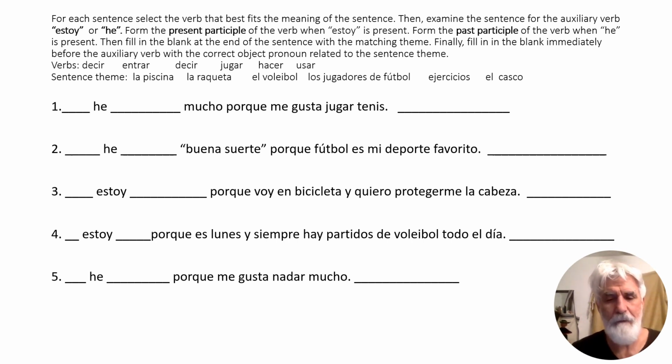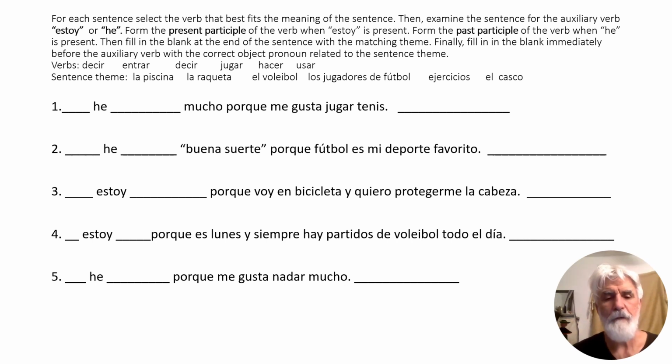Okay, so this is right out of your grammar lesson, and what they will do is give you numerous sentences, and you need to fill in the blanks.